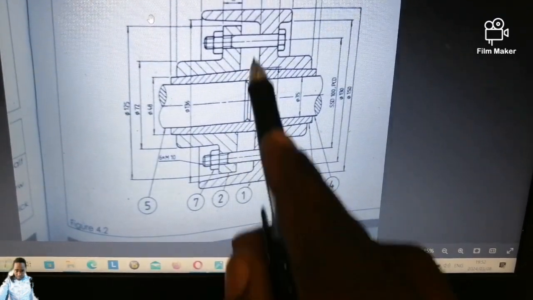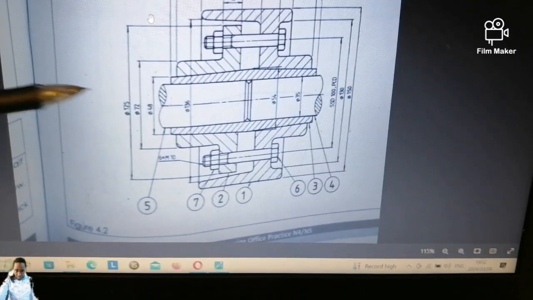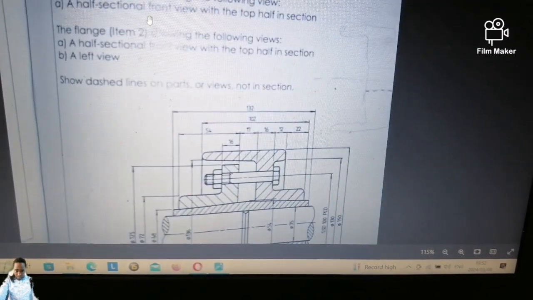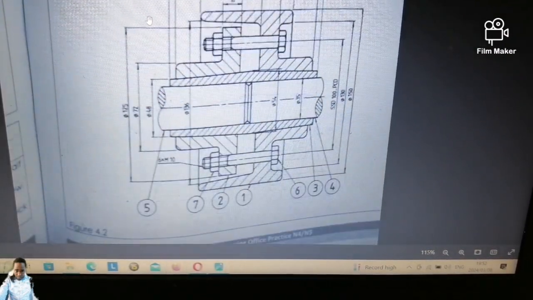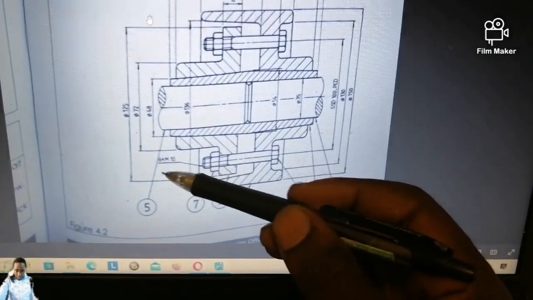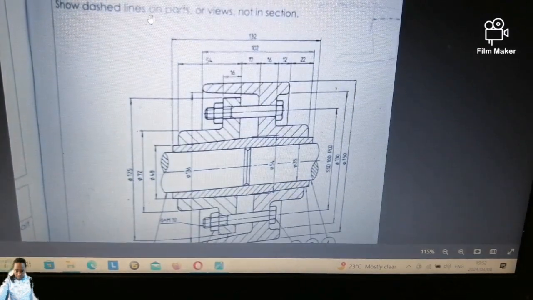So there must be 1, 2, 3 and 4 on this other side. When you view this flange in this direction, you are going to see them, and they are of diameter 10. Diameter 10, you understand.